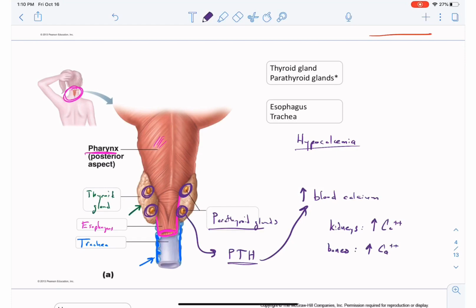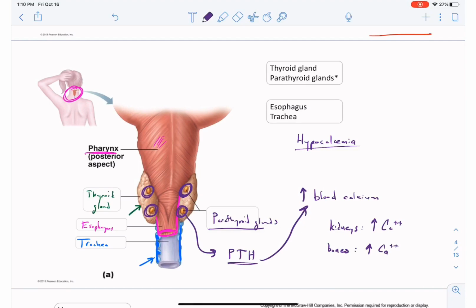It's going to stimulate cells within these bones called osteoclasts. And these osteoclasts are going to break down this calcium pool that's made just for this reason and ship it out into the blood. And so it helps increase blood calcium through that mechanism by using that stored pool in the bones.